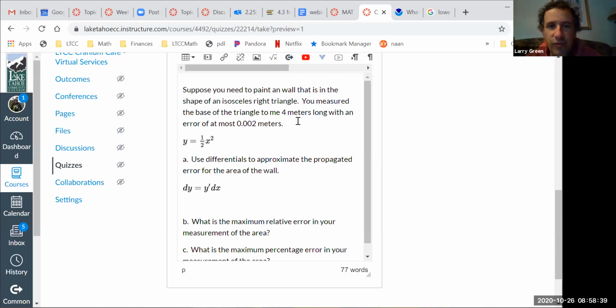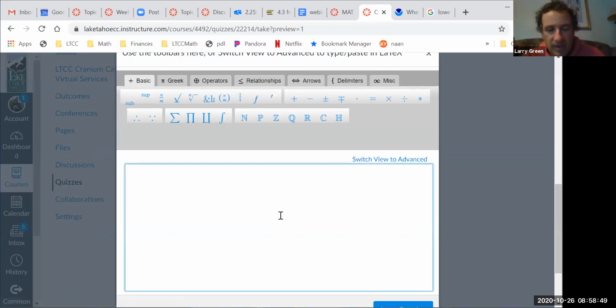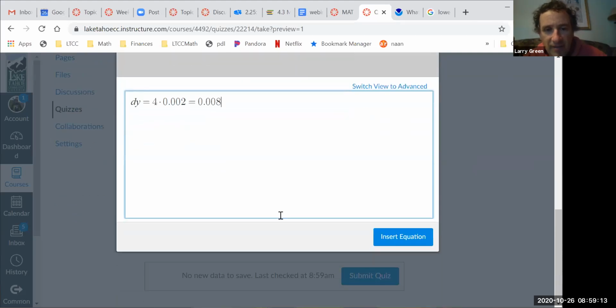And x is 4, and the dx is the error, which is 0.002. So dy is equal to x times dx, which is 4 times 0.002, which is equal to 0.008, just doing the arithmetic.